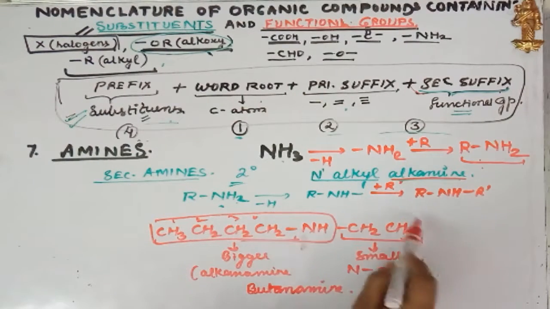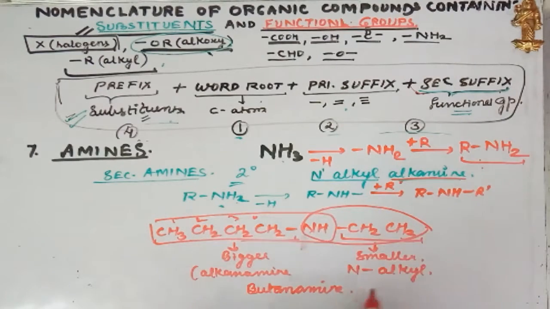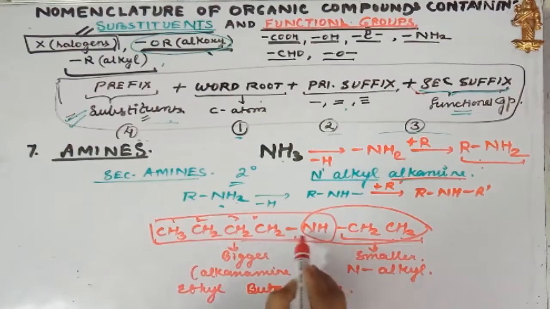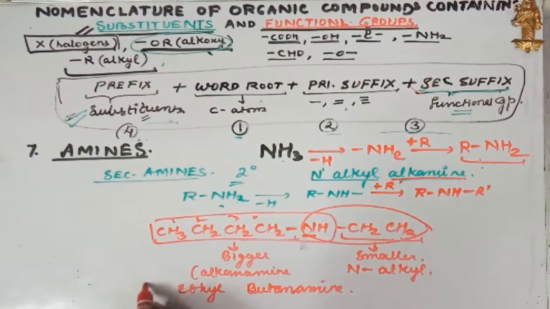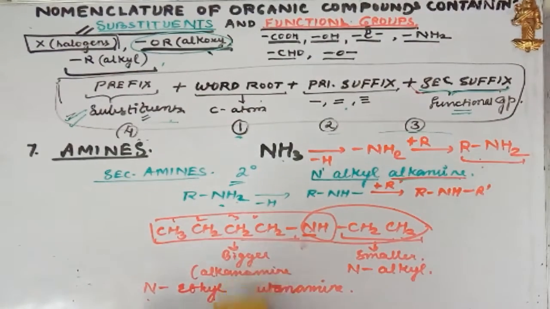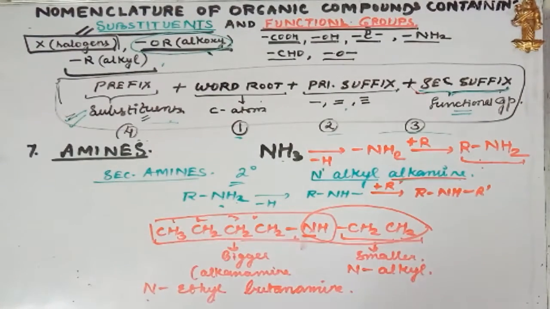The alkyl part is a 2 carbon alkyl group, so it is ethyl. Where is this ethyl present? With the N, so it is N-ethyl, and the name becomes N-ethyl butanamine. Hope it is clear to you.